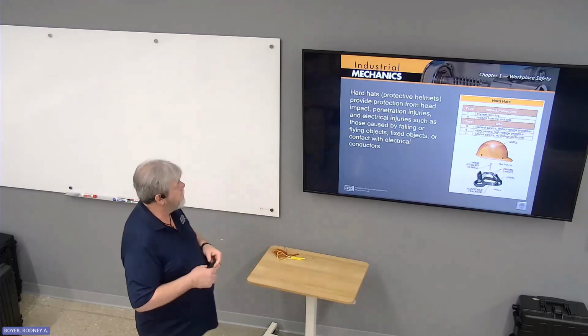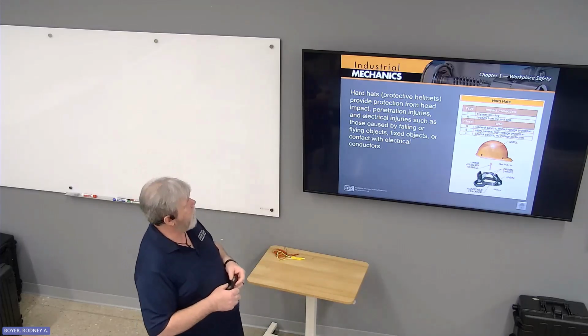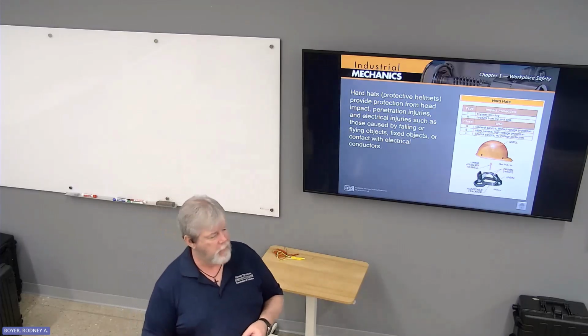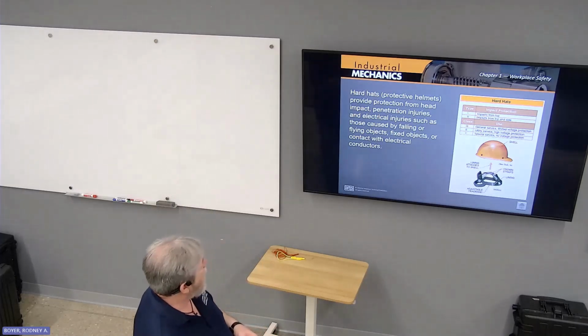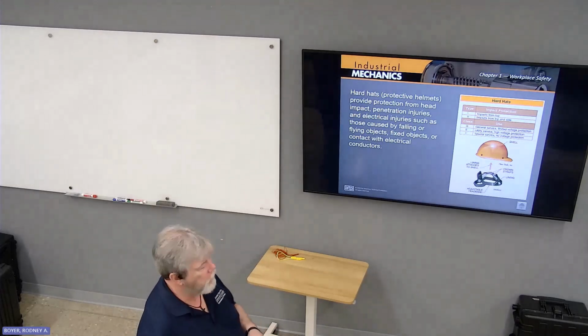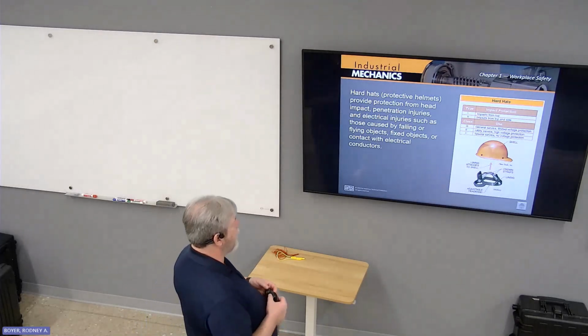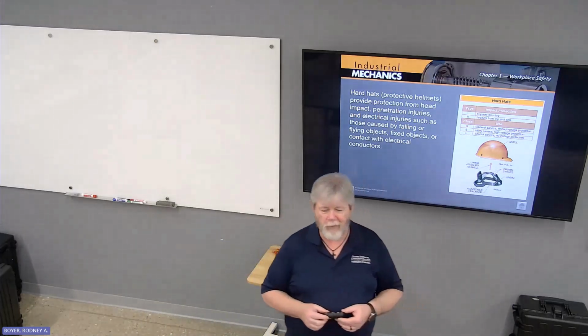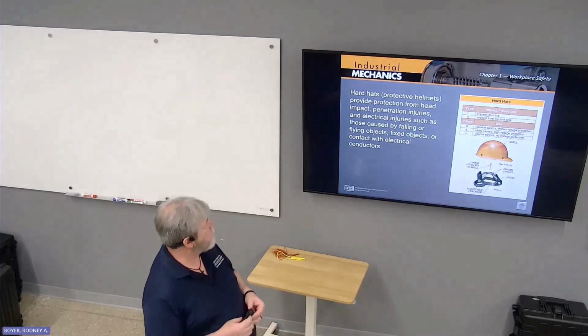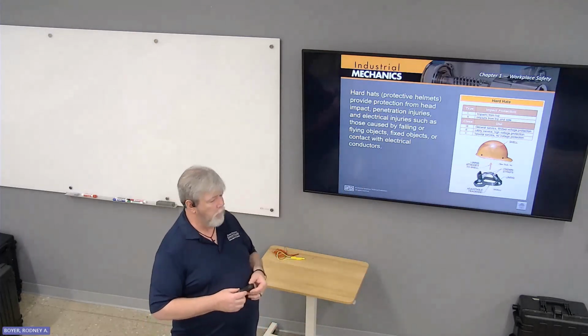Two different types. Type 1 is impacts from the top. Type 2 is top and side. And then the class, that's the most important part. Your class G is general service, limited voltage protection. That limit is 1,000 volts. Then you have class E, which is utility service, high voltage protection.